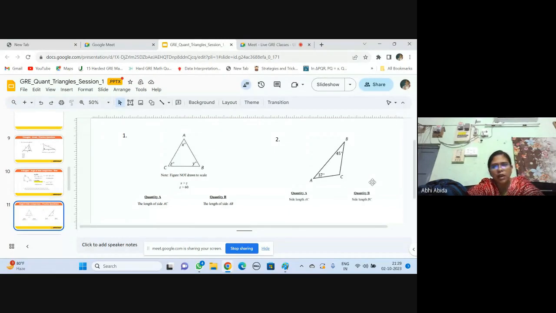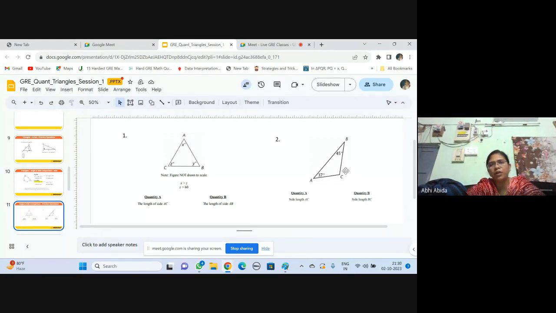Longer the angle, longer the side opposite to it. 37 is smaller than 45. So this 45 is opposite to AC, so AC will be greater here, and BC will be smaller.